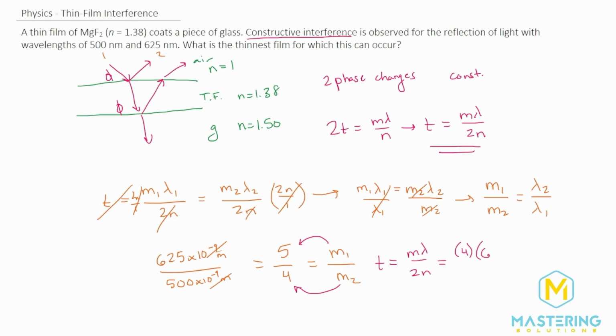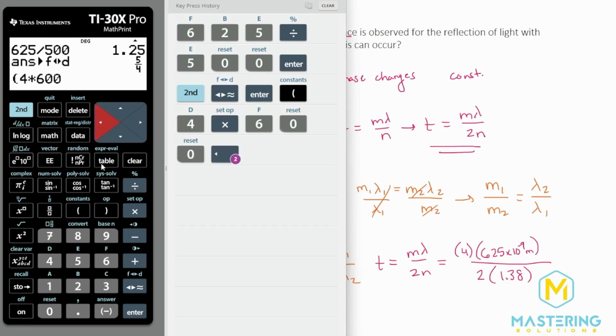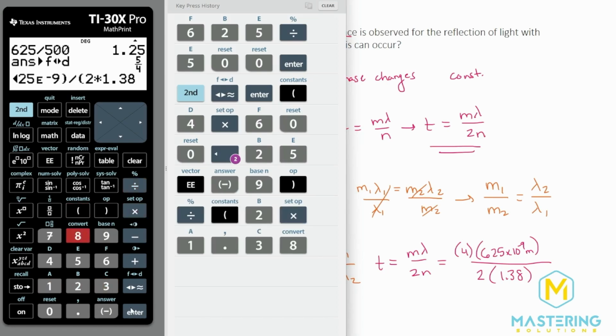And then we'll multiply that by 625 times 10 to the negative 9 meters divided by 2 times n, and the n in this case we said is 1.38 for our thin film. So now we have 4 times 625 times 10 to the negative 9, divided by 2 times 1.38 for the index of the thin film.